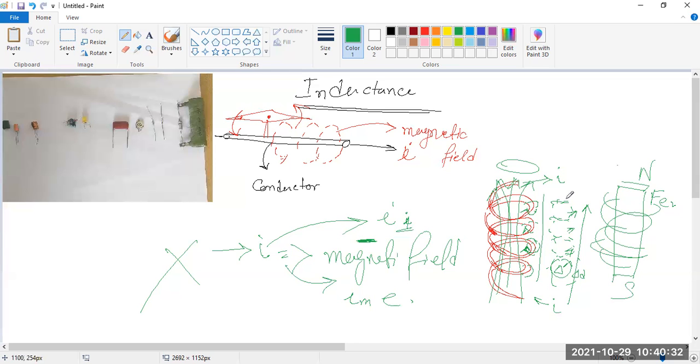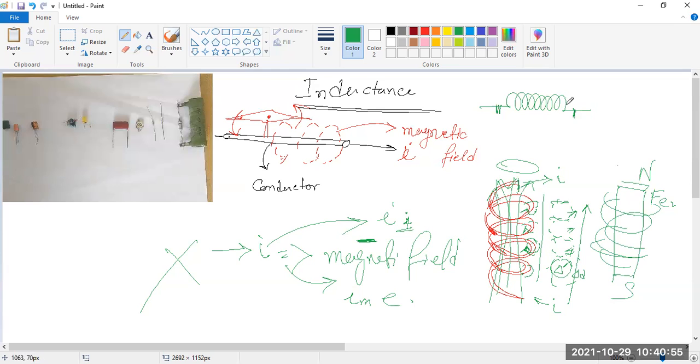So this property is called inductance. And the material, this coil, is called an inductor. It has a fixed length and a fixed number of turns.